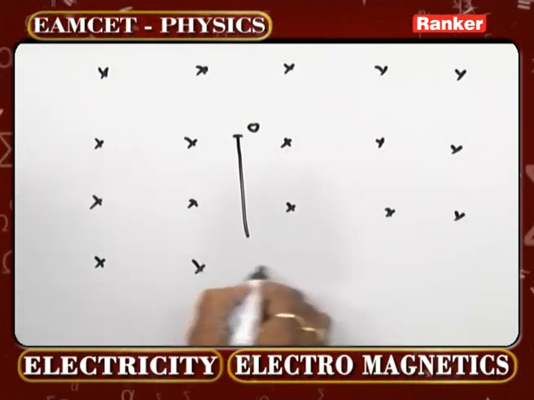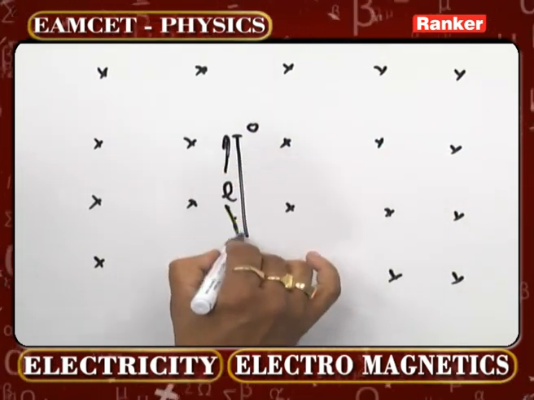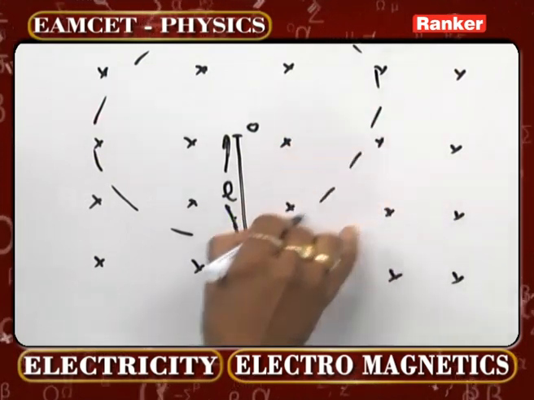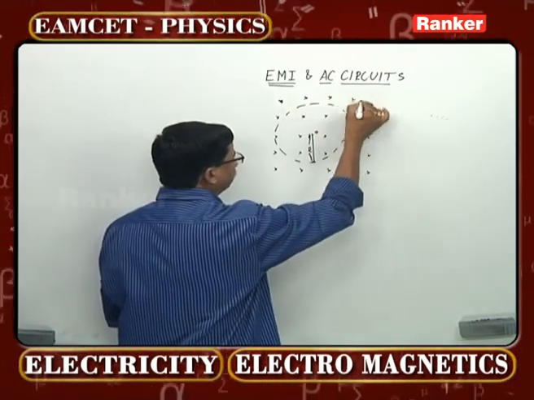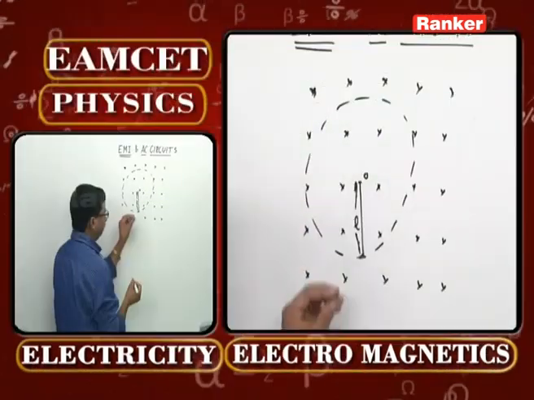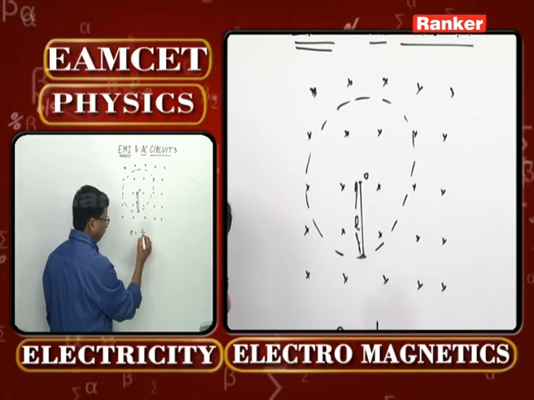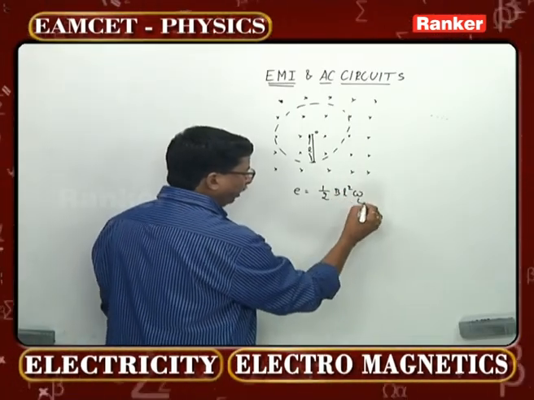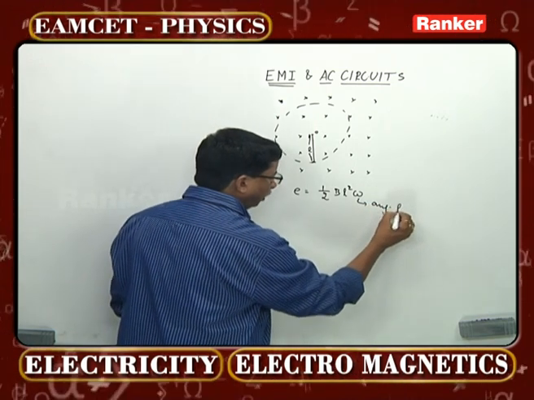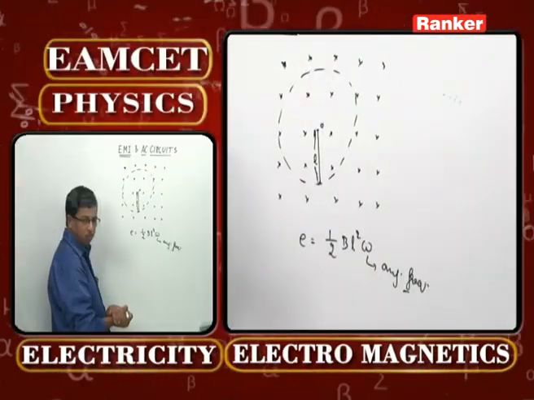Now, what they say is, if this rod of length L is rotating inside the magnetic field, then what is going to be the motional EMF here? The induced EMF in this particular case is half B L square omega. Omega is called angular frequency. So, these are a few formulae we have to remember.